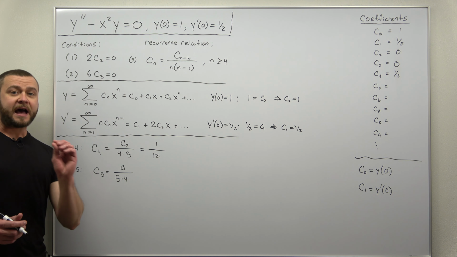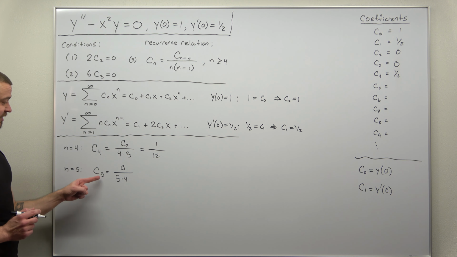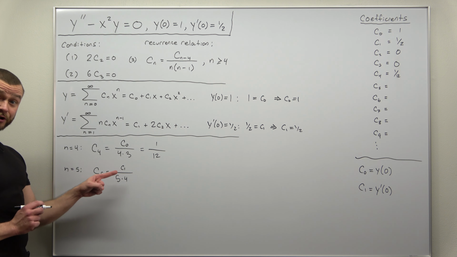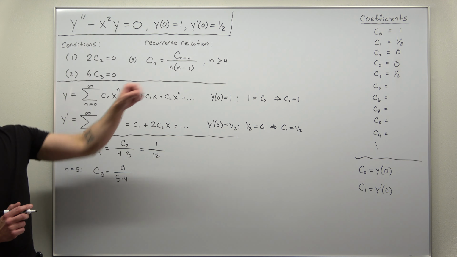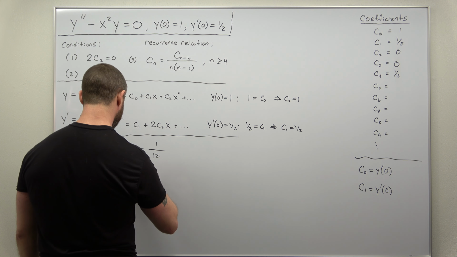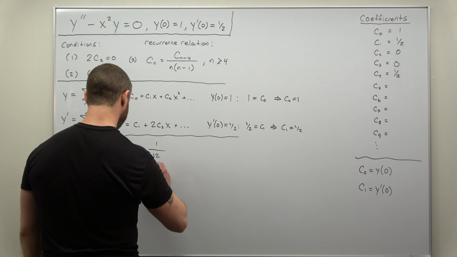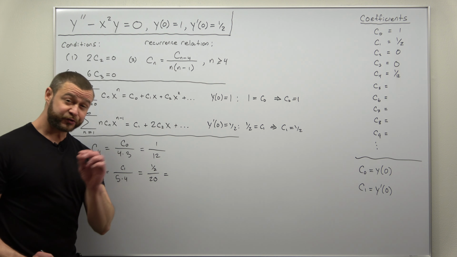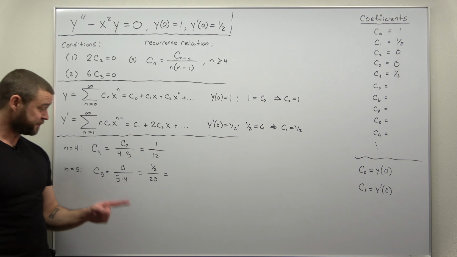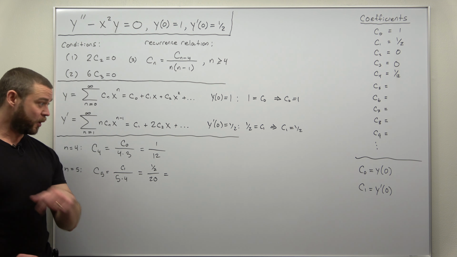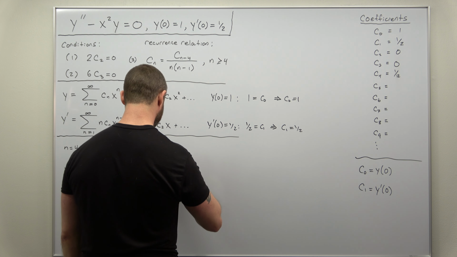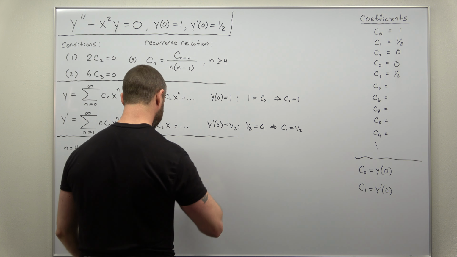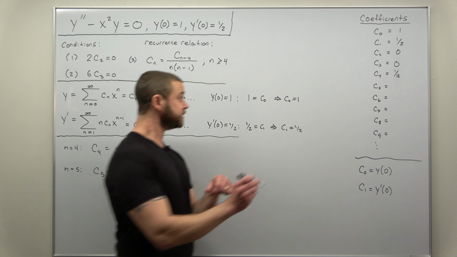And again, the aspect of recursion kicks in. c sub 5 is determined in terms of c sub 1, which we have as a half. I'm just going to be careful because I always screw up fractions in class. Looks like we can simplify that as 1 over 40.